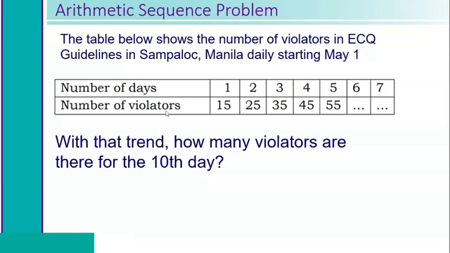And the number of violators starts at 15 until the given 55, a continuous increase in the number of violators. With that trend, how many violators are there for the 10th day? So in this problem, we are asked to find the number of violators on the 10th day.